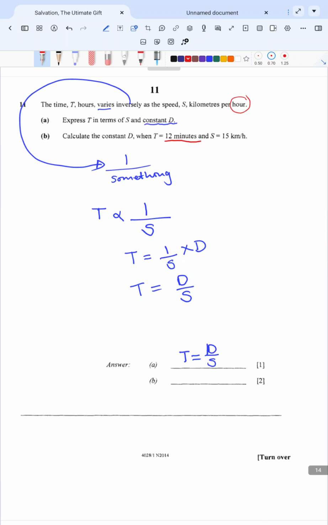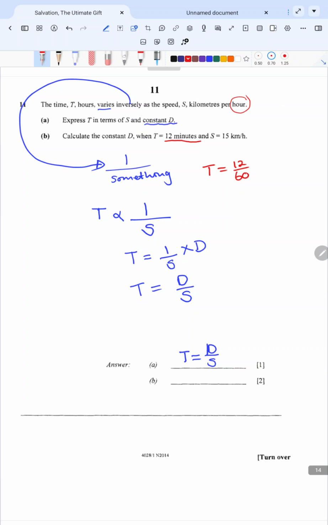So if you are given t as 12 minutes, you have to convert the 12 minutes into hours. Do you know that in 1 hour, we have 60 minutes? So 12 is going to be divided by 60 to identify the hours. So I'm going to write t as 12 over 60. I hope you are following, class.